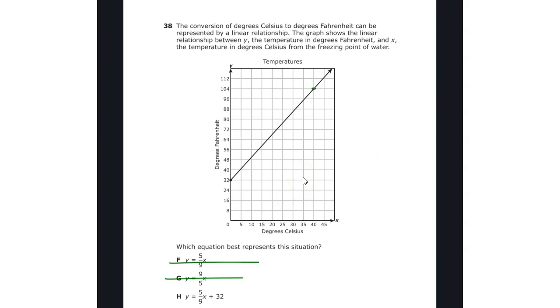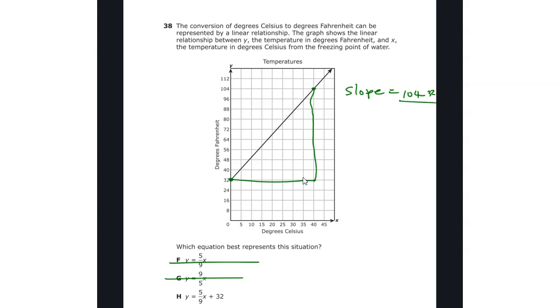So this is one point here. Let's see if we can find another perfect point. Okay, let's go this way then. So let's go with slope. The rise is, well, we're going down, so from 104 to 32, 104 minus 32.